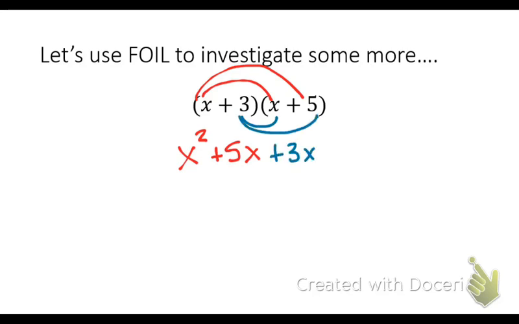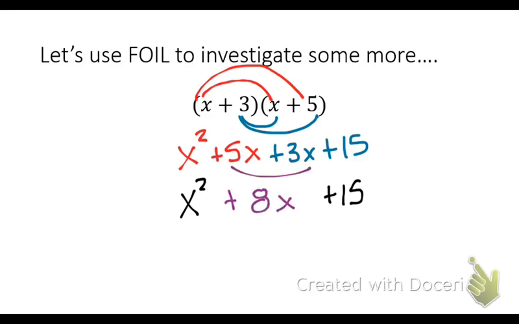And then my last terms gives me a 15. Well, when I go to simplify though, my first term stays exactly where it is. And then my last term stays where it is because the two in the middle end up combining. In this case, they added to 8x.